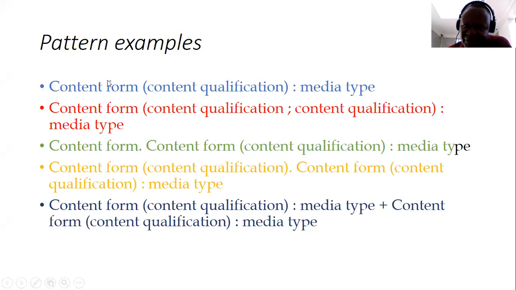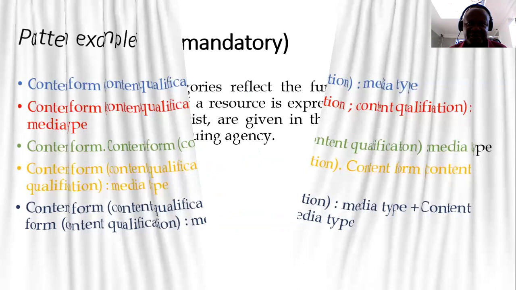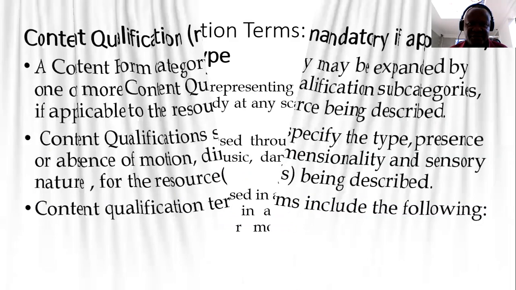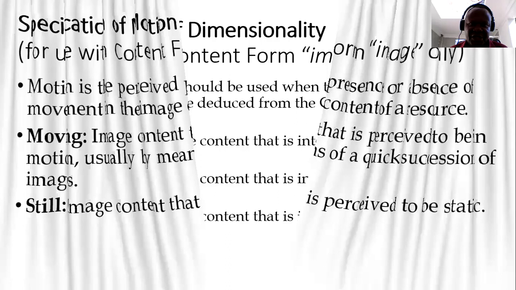So it depends on the content form you are dealing with, and then that is when you know the content qualification to use. But for now, let us look at the media type. So I move forward to see the element of media type.